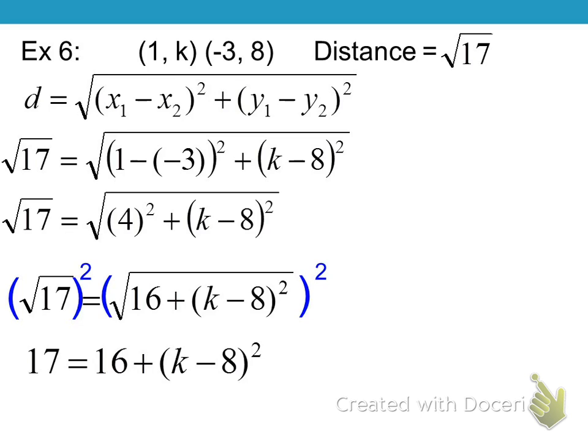We don't have the plus minus yet. Where does the plus minus come in? When we take the square root. Not squaring, sorry. Yeah, subtract 16. Now what do we do? And here's where we write the plus minus.